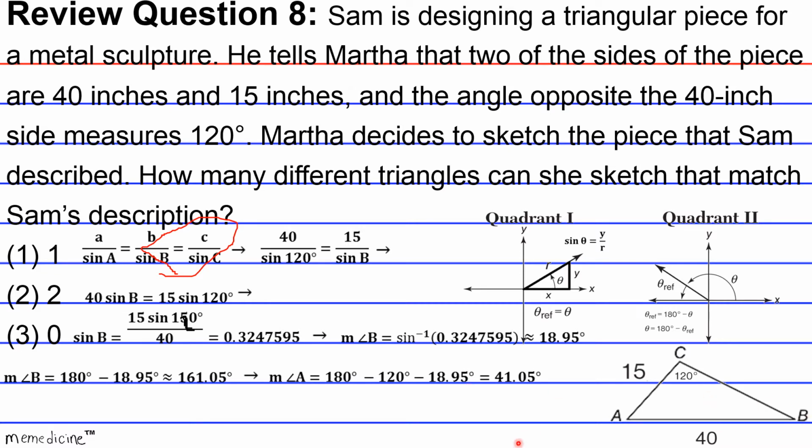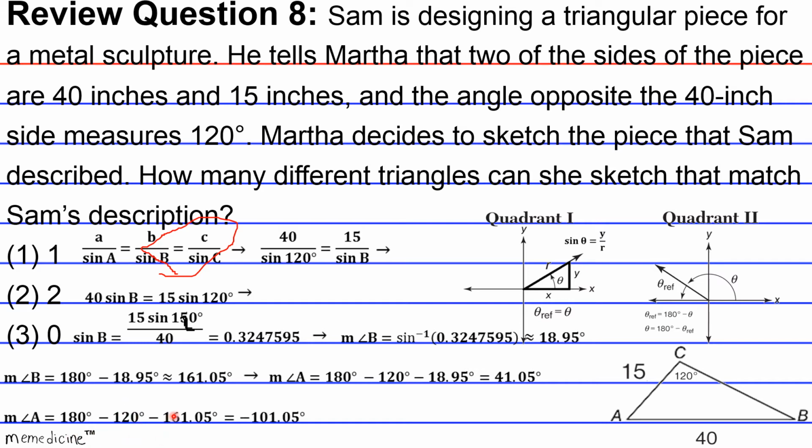So we can eliminate answer choice 3, that 0 triangles are possible. But in the event that angle B is its obtuse measure of 161.05, let's see what happens. So we get 180 minus 120 degrees minus 161.05 degrees.